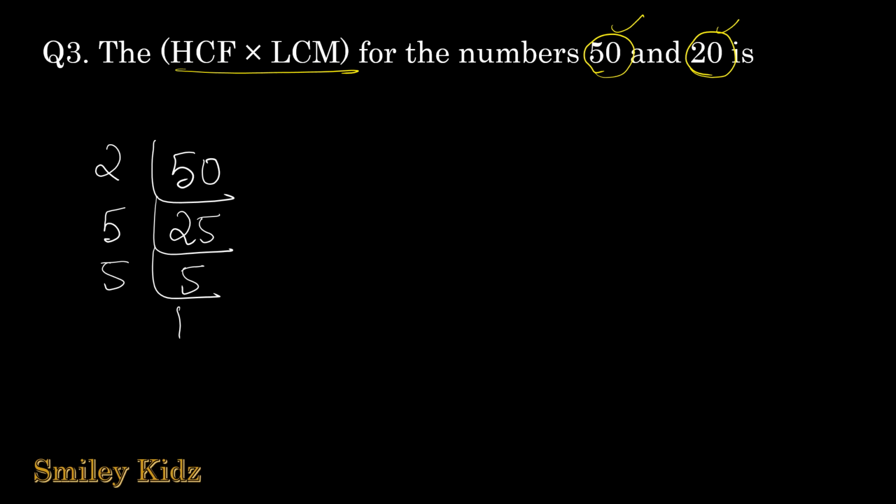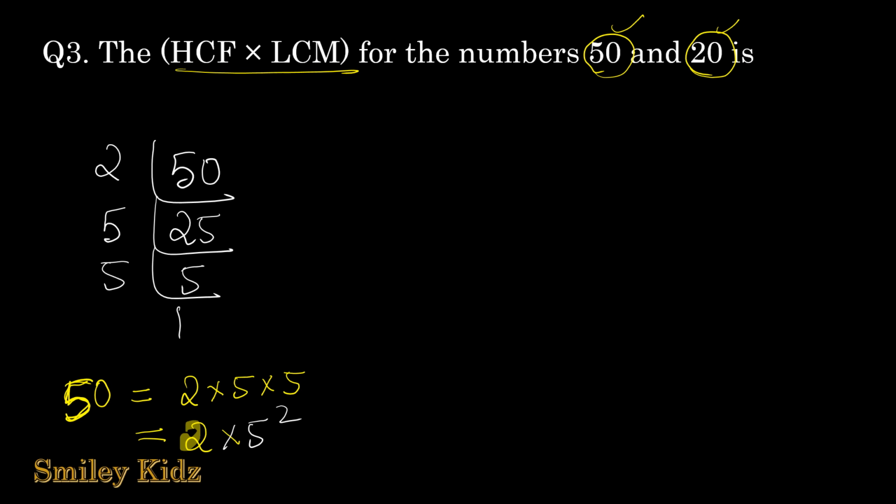So, 50 can be expressed as 2 times 5 times 5. This can also be expressed as 5 times 5 is nothing but 5 square. So it can be written as 2 times 5 square.